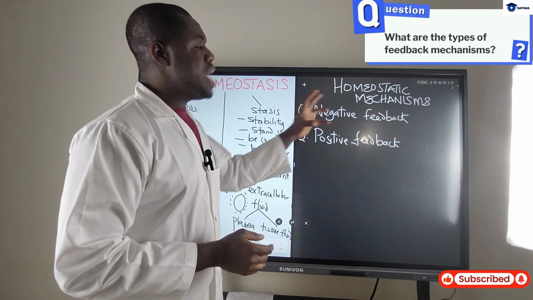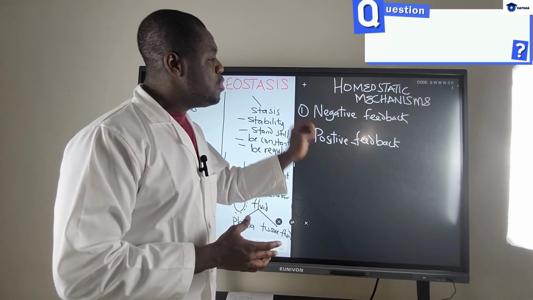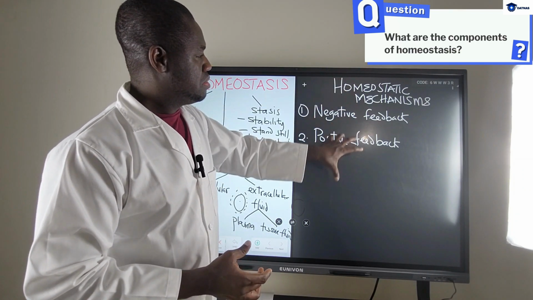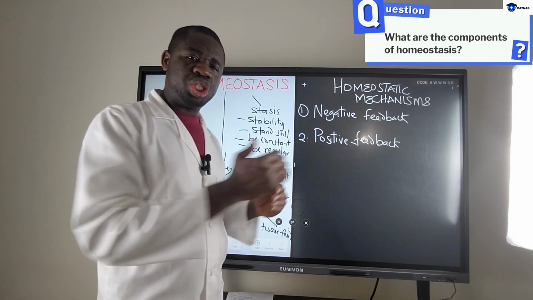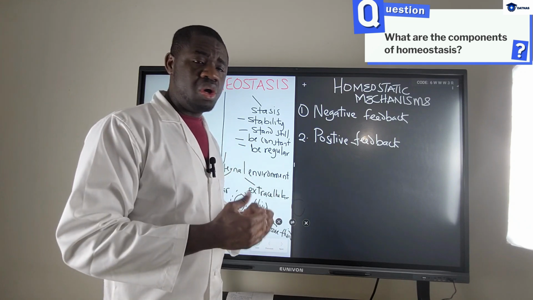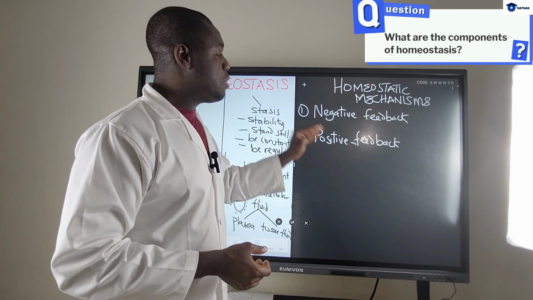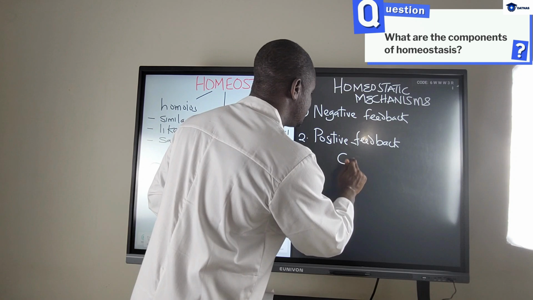What are the components of homeostasis? What are the components that work to ensure that the body responds to changes within the body, for both the negative feedback mechanisms and positive feedback mechanisms?